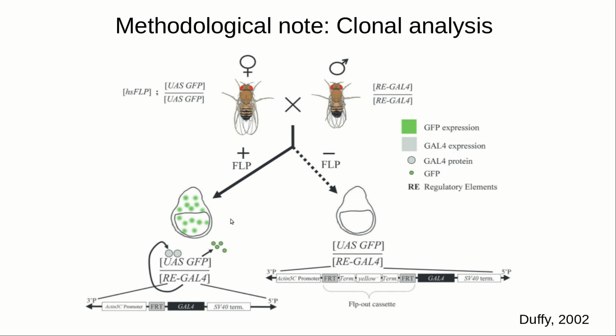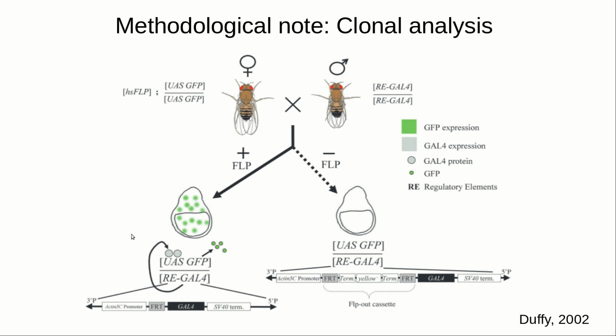So this heat shock promoter is not activated uniformly in all cells. Instead, it's very stochastic, and also the activity of the flypase is not super efficient. So the cassette is only excised in a few cells, and by regulating the intensity or the length of the heat shock, you can regulate in how many cells the cassette is excised.